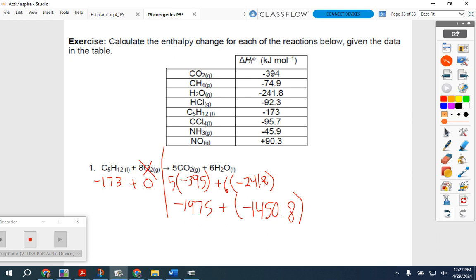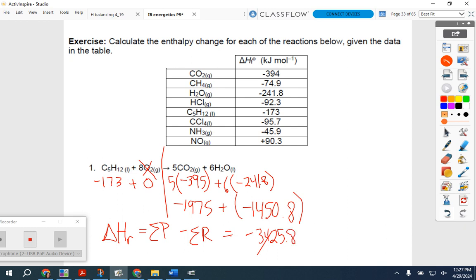Okay. And what I want for my delta H of the reaction is going to be the sum of the products minus the sum of the reactants. So that's going to be these two added together, so that's going to be negative 3425.8.